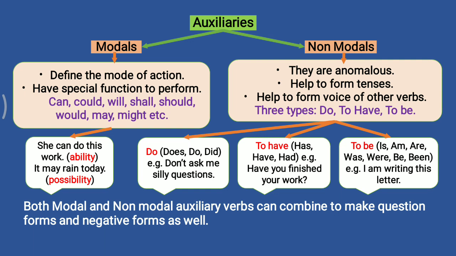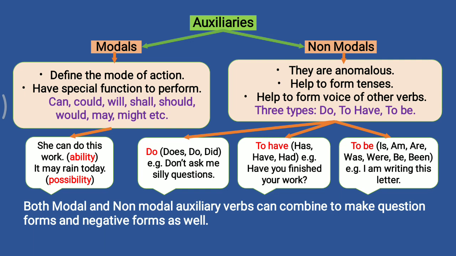On the other hand, non-modals, they are anomalous. They help to form tenses and they help to form voice of other verbs. There are three types of non-modals that are do, to have and to be. These three types have different forms such as do, it includes does, do, did. For example, do not ask me silly questions.